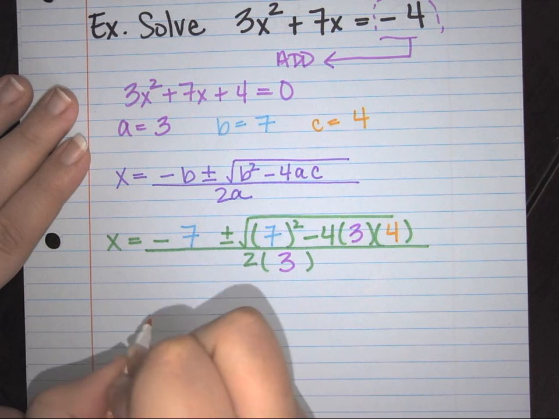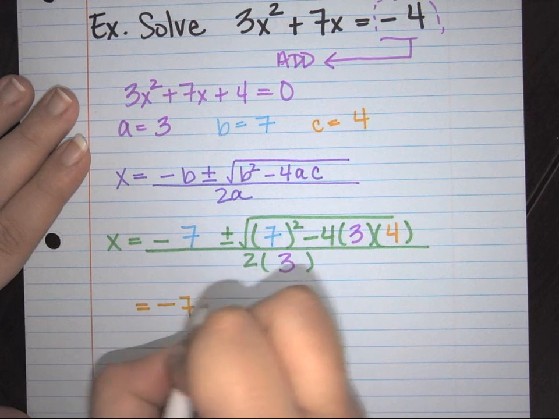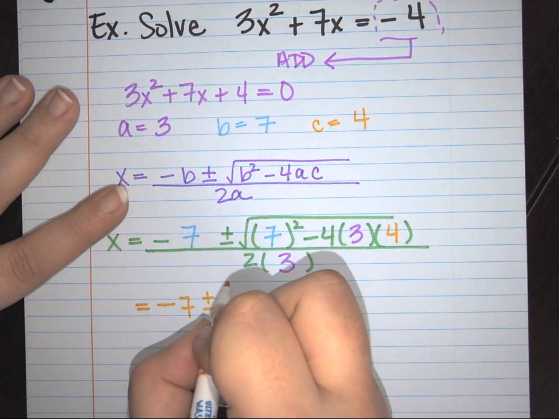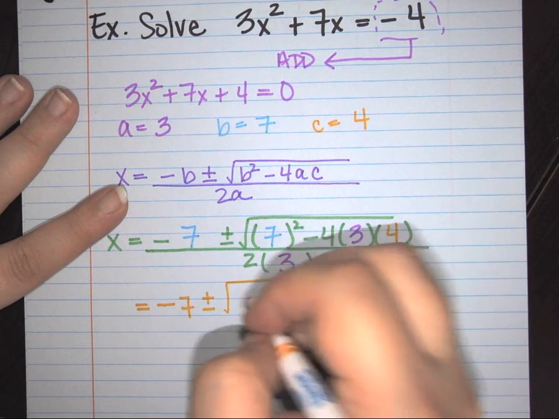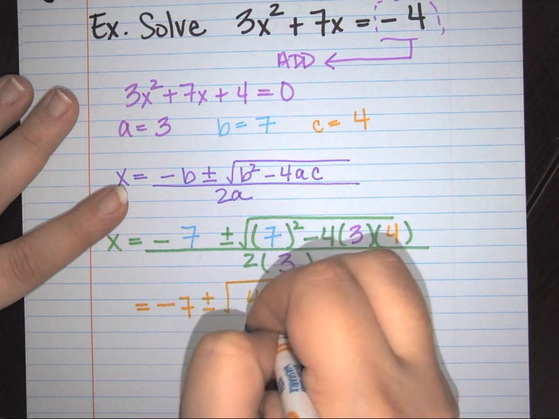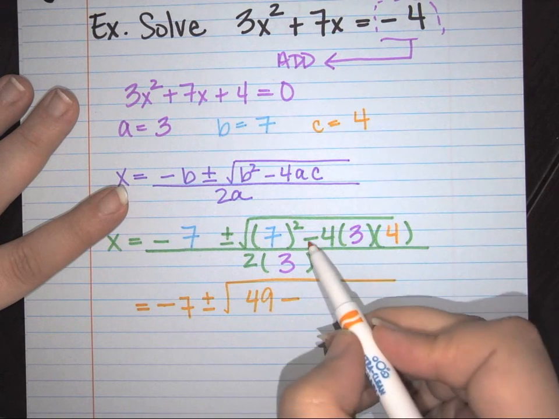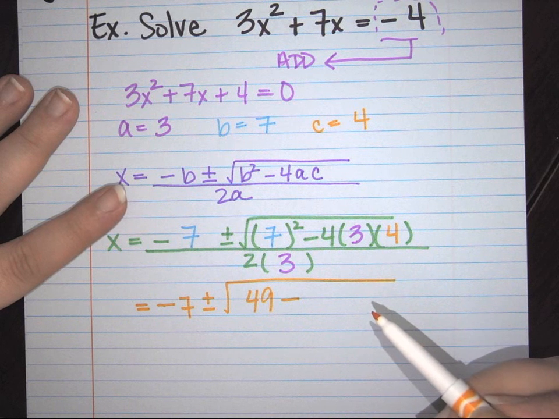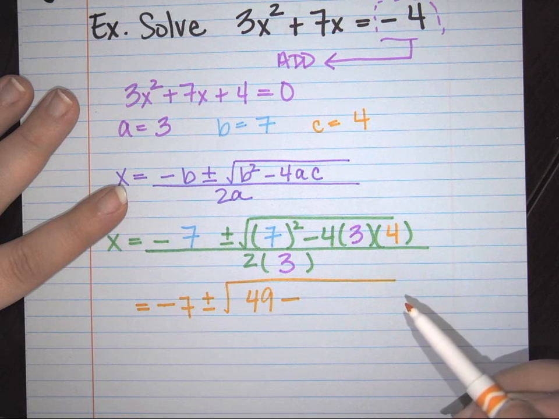So I'm going to have that this is equal to my negative 7 plus or minus the square root of, and let's look at it. 7 squared is 49. And I'm going to subtract still because negative times positive is negative. And this is 4 times 3 times 4.